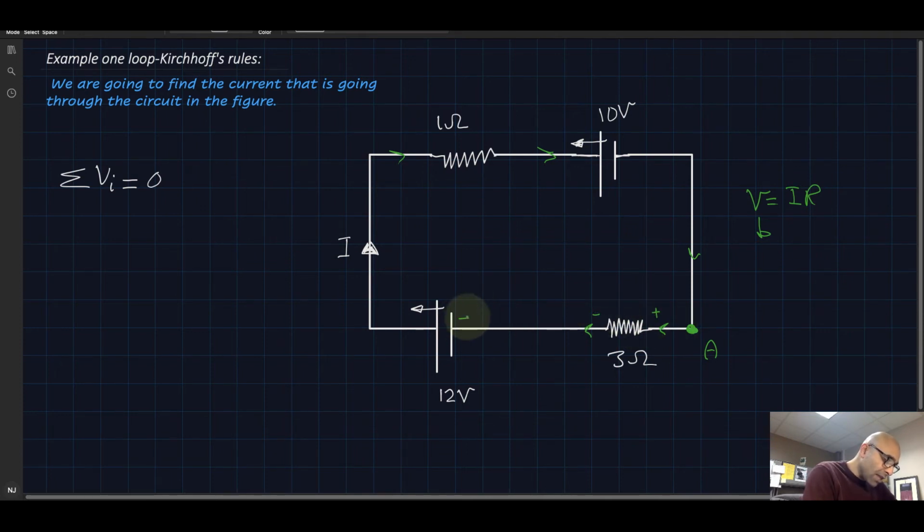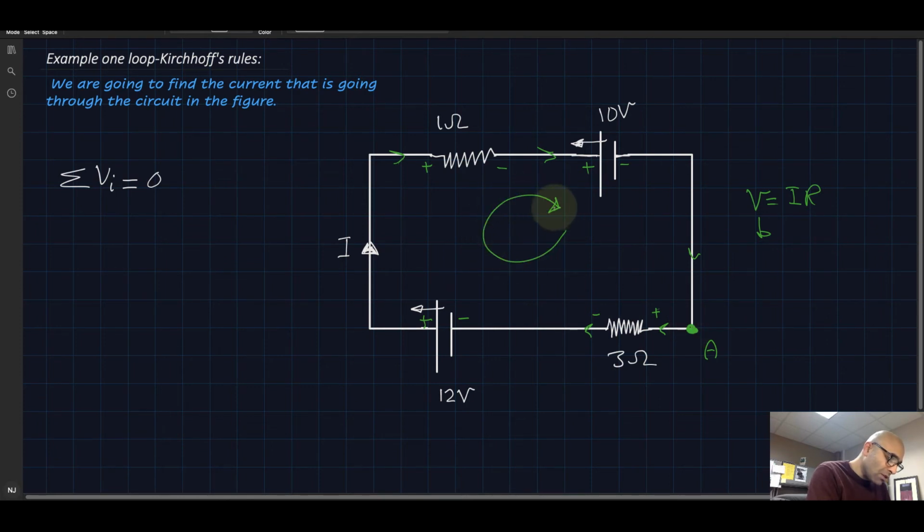Now this is negative and this is positive because that's what the battery is telling us. And this is positive, negative, and this is positive, negative. That's what the battery is telling us too. But since the current is going in this direction, it goes from higher potential to lower potential.